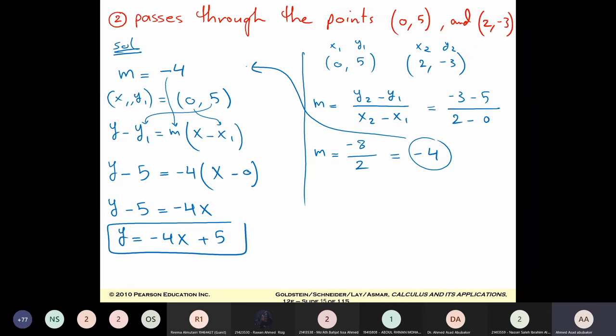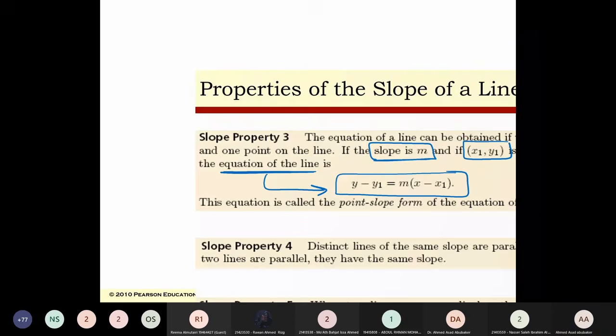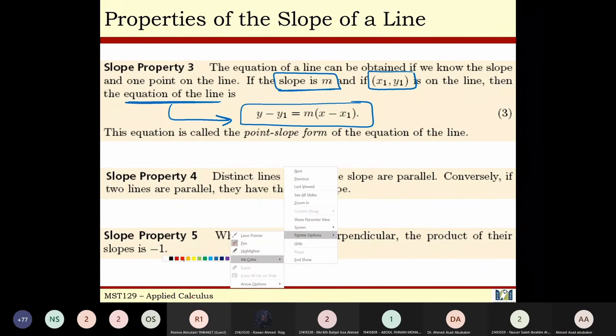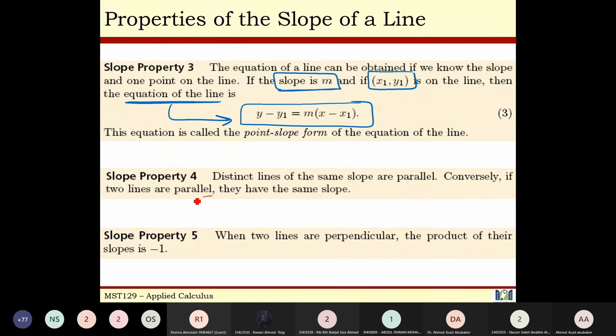Now return to the 2 points for parallel and perpendicular. Now, if we have 2 parallel lines, like this, we have L1 and L2 and m1 and m2.